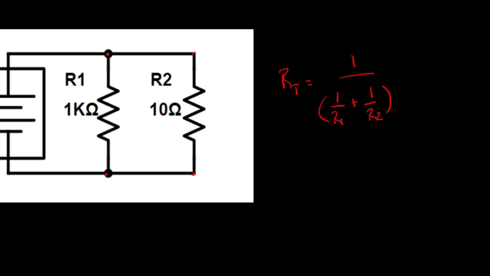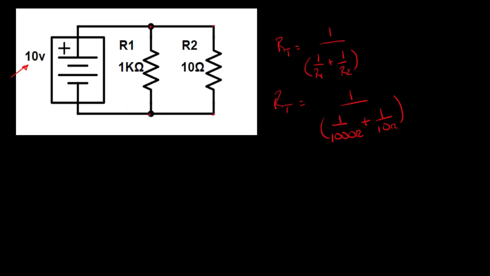I'll just caution you to use your order of operations. So in this instance, my resistance total is going to equal 1 over 1,000 ohms, that's 1 kilo ohm, plus 1 over 10 ohms.